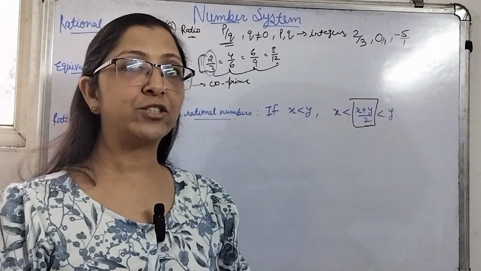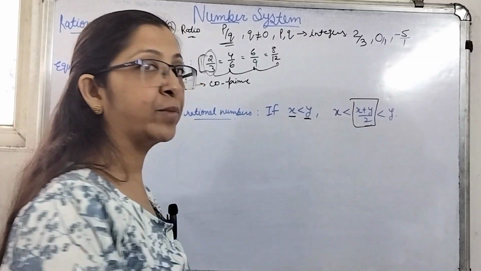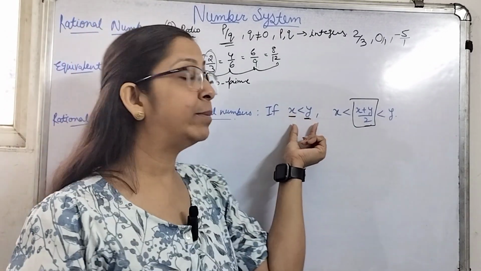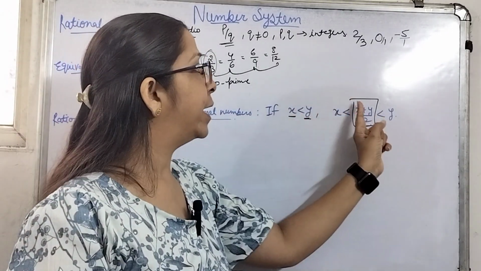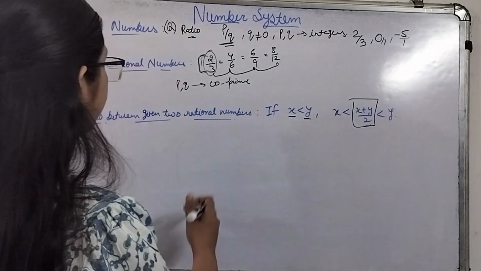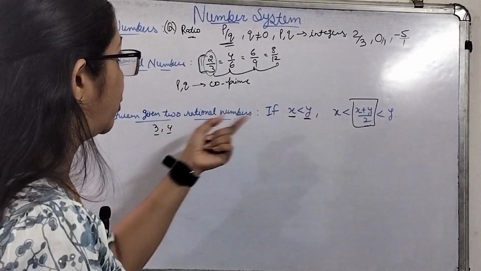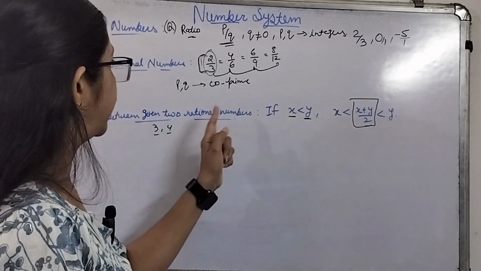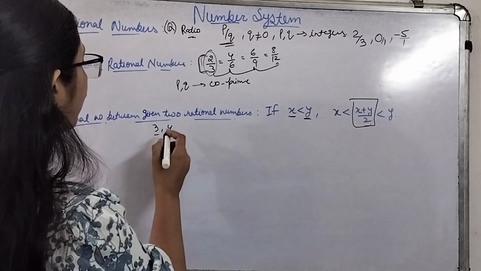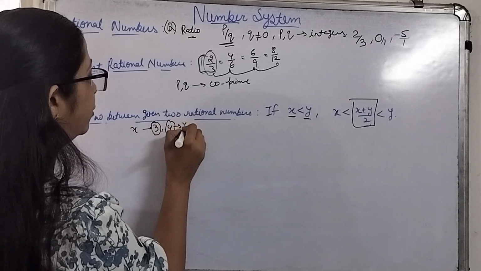If there are any two rational numbers, say one is x and another is y, then a rational number which lies between x and y will be x plus y upon 2. Suppose I have to find a rational number between 3 and 4. Just now we said x is less than y, so here the value of x is 3 and the value of y is 4.